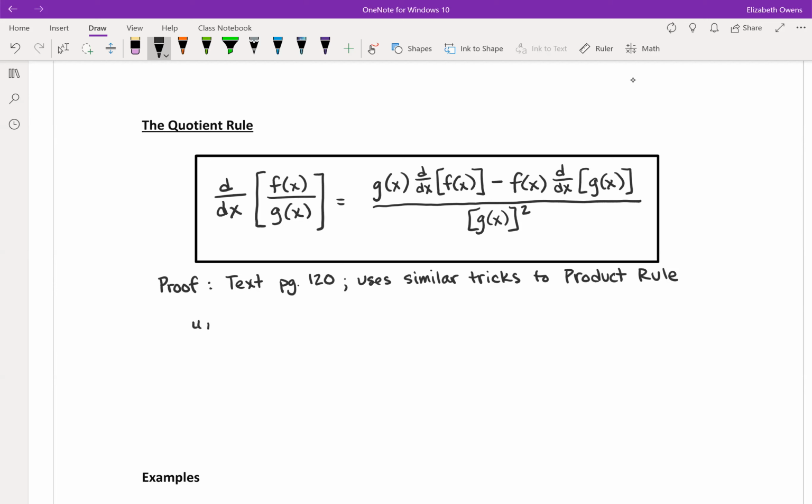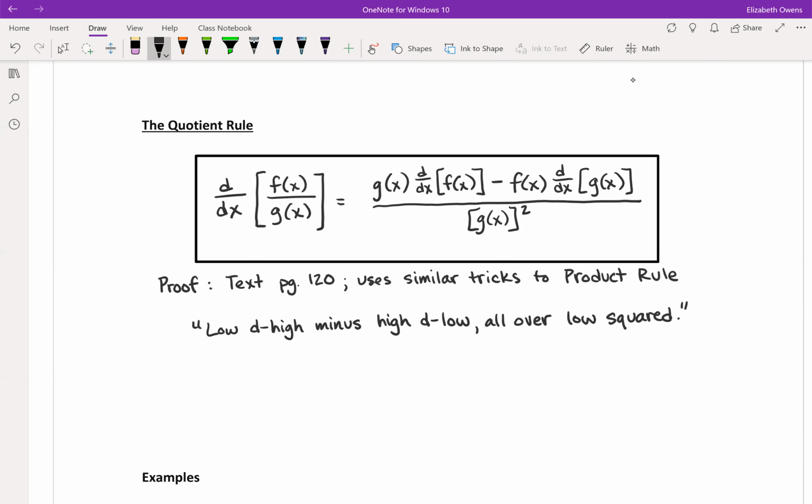It goes: low d high minus high d low, all over, let me write all over, low squared.